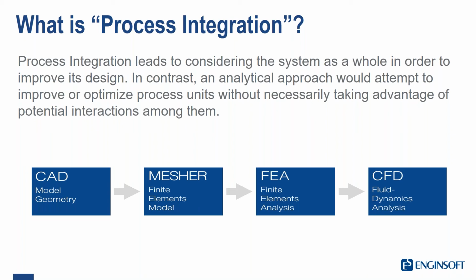Process integration allows you to consider the system or part of the system as a whole. In this way, we can improve our product, our system, taking into account different disciplines, different models that can contribute to our solution, and taking advantage of potential interaction among them.